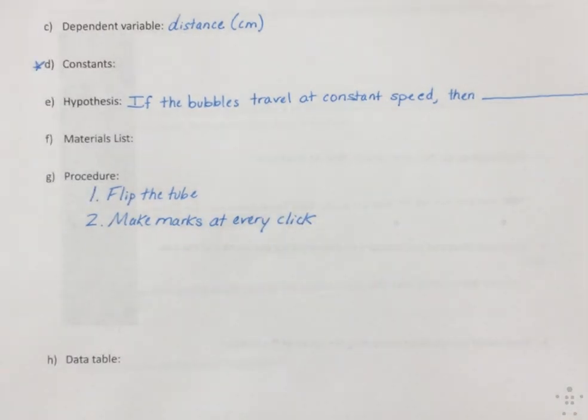Then you're going to make marks at every click that you hear, because that metronome is going to be making those clicks this whole time. So every time you hear a click, you're going to make a mark on the piece of tape with your marker. And you can mark the bottom of the bubble, which is what I would do, or you can mark the top of the bubble. It does not matter. You pick one and you stick with it the whole time.